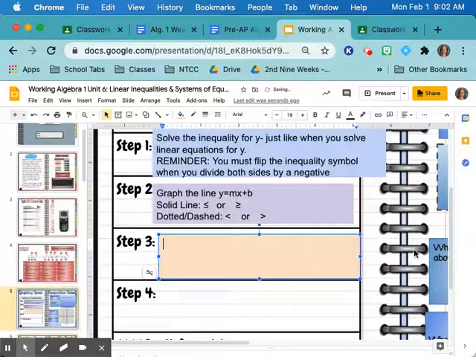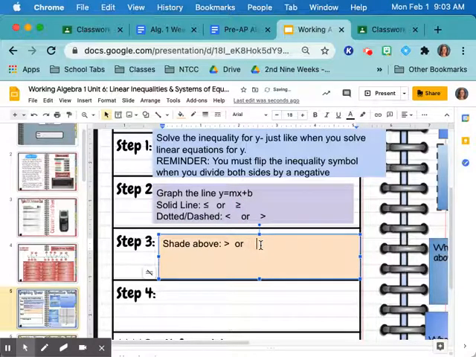The next step is knowing how to shade it, because it's not just the line, it's all of a certain area that is greater than this equation or less than this equation. So you're going to shade above. What do you think, shading above, is that going to be less than or greater than? It's going to be greater than. So we're going to put the greater than or greater than or equal to symbol.